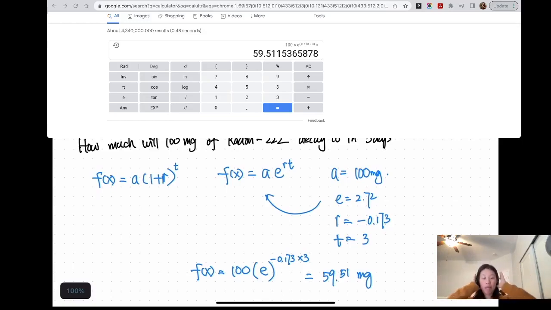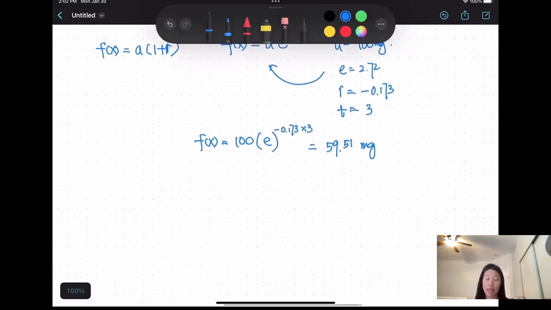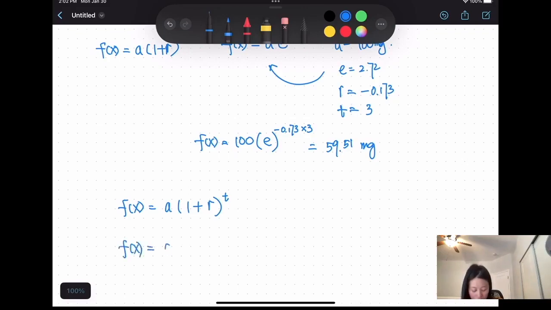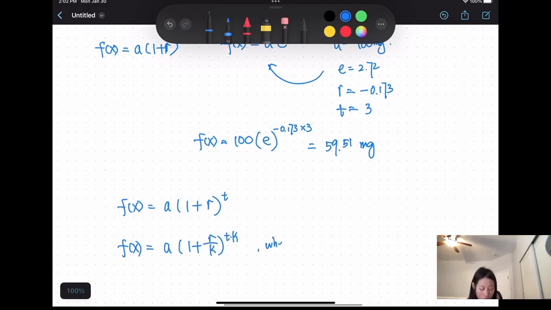So, okay, let me recap everything that we learned so far. We have learned exponential functions. The most basic one is f(x) equals A times 1 plus r to the t, or to x. You can use any letter, but remember that the exponent usually means the time. And then the other one is compound interest, which is A times 1 plus r over k to the t times k, where k is the compound frequency.